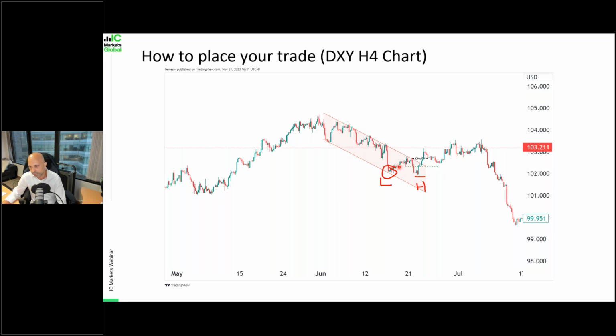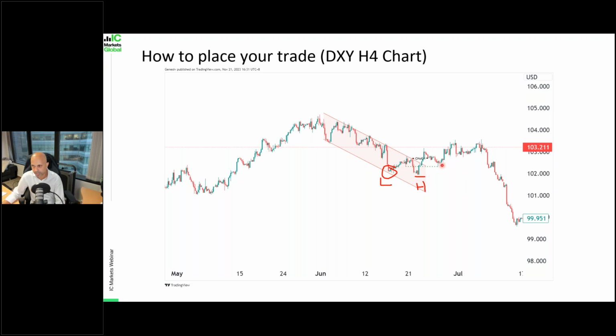It's not exactly where the left channel is, but you can clearly identify the change of character here. Price breaks out of the upper trend line of the bearish channel and starts to pull back. It doesn't pull back exactly to the left shoulder, but close enough to see that the reversal has occurred, the change of character has indeed occurred.